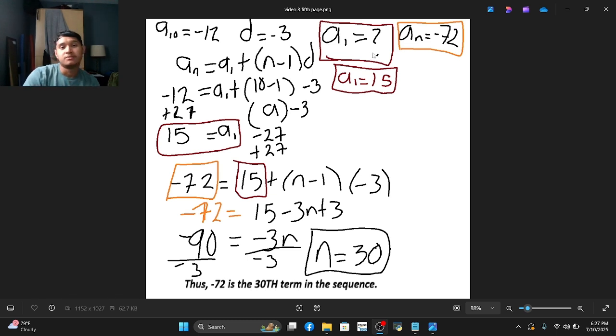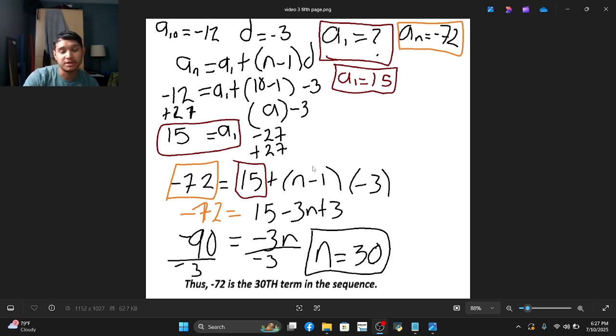I'll tell you right now, the negative 72 is the term's value, it's the answer, but we don't know which term it is. So we want to find which term of that sequence it is. That's why we put n, because we don't know what the n-th term of that sequence that's equal to negative 72 is. In this case we know that a sub 10 is negative 12, but here we don't know. So 15 plus n minus 1, times minus 3.